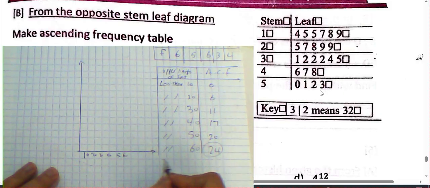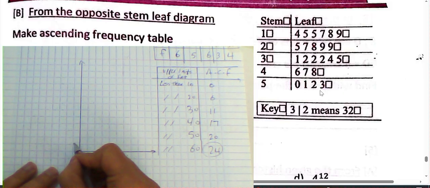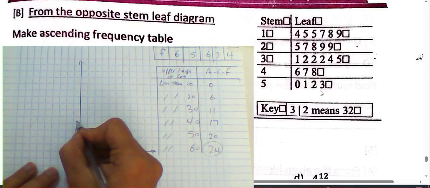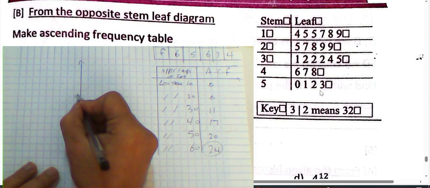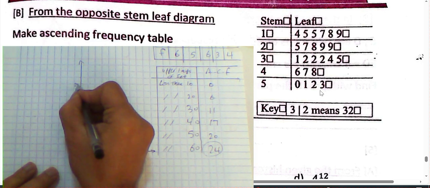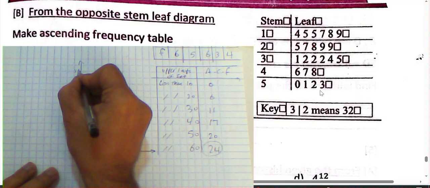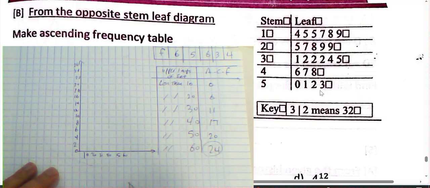The total number is 24, you can go to 24, write 0, 2, 4, 6, 8, 10, 12, 14, 16, 18, 20, 22, 24, 26.